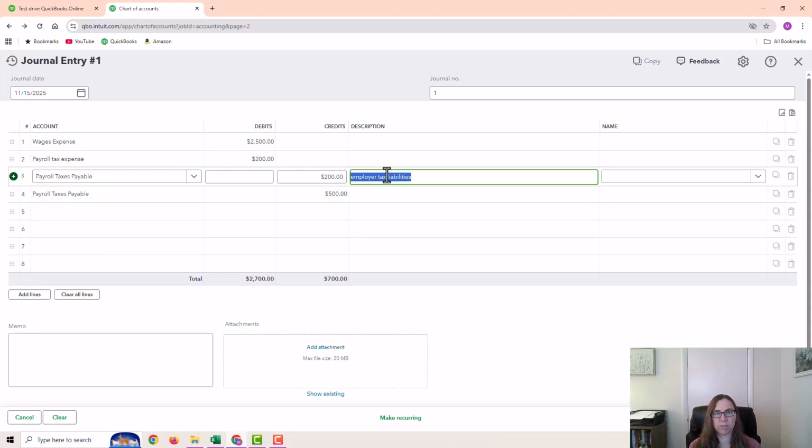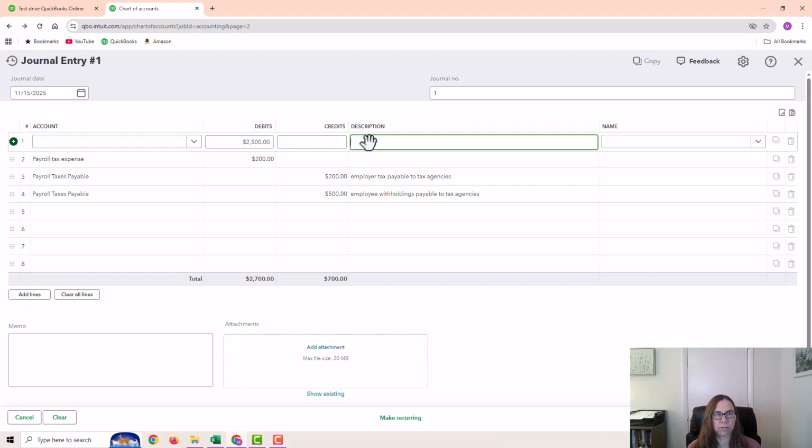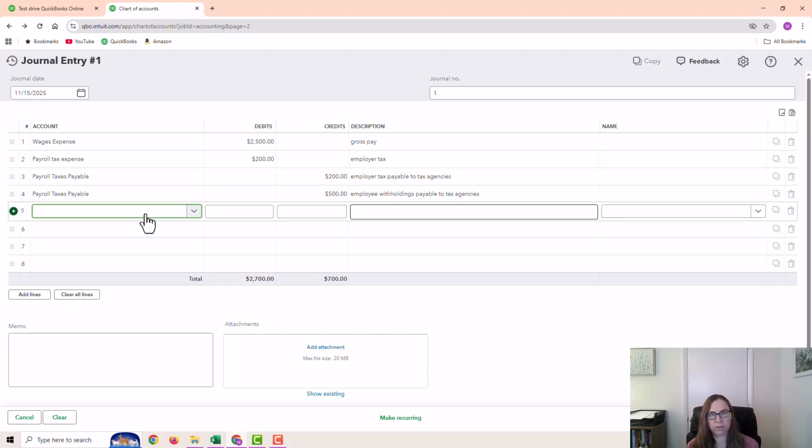So this would be the employer tax payable to tax agencies, and this would be the employee withholdings payable to tax agencies. This is gross pay, and this is employer tax expense. Okay, so far so good. We've got everything in here.